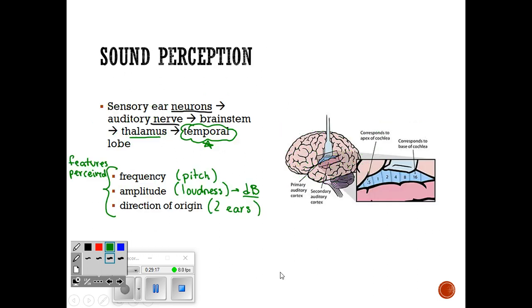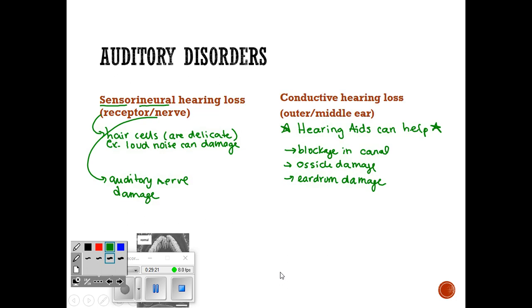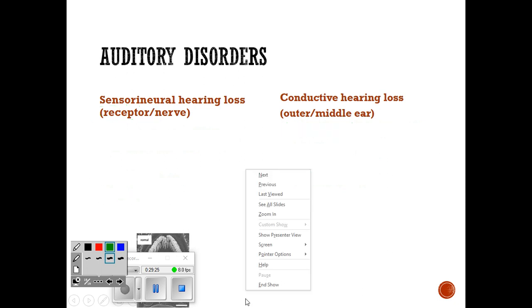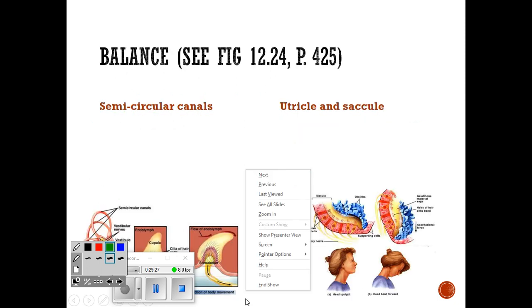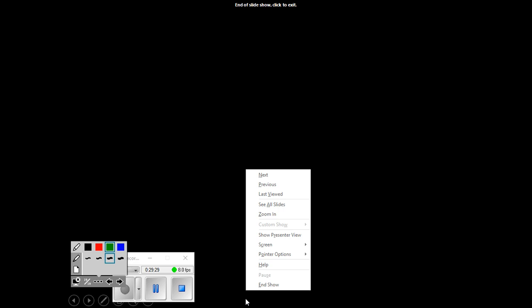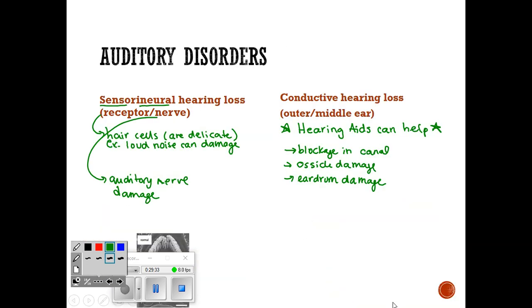But those are some examples of your outer and middle ear structures that could have damage that might cause conductive hearing loss. Now, sometimes the damage isn't reversible, and that's where you might need a hearing aid to help amplify the sounds.